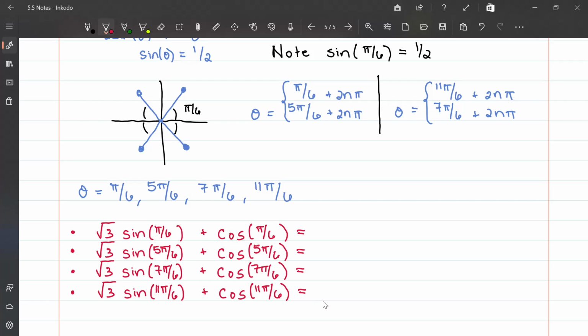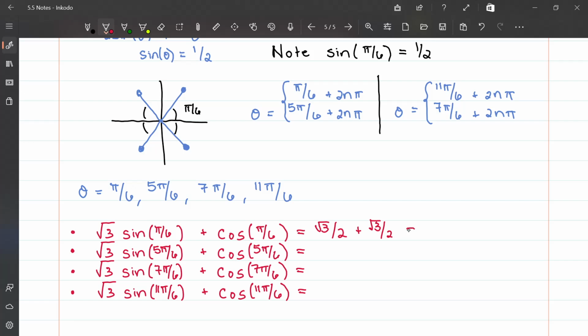So, starting with the first one, we know that sine of pi over 6 is equal to 1/2. So the first term should give us root 3 times 1/2, or in other words, root 3 over 2. Cosine of pi over 6 should be root 3 over 2, since sine of pi over 6 is 1 over 2.